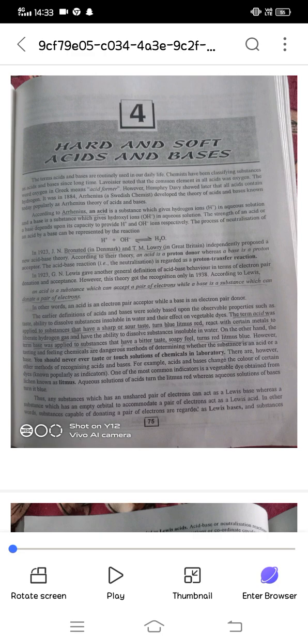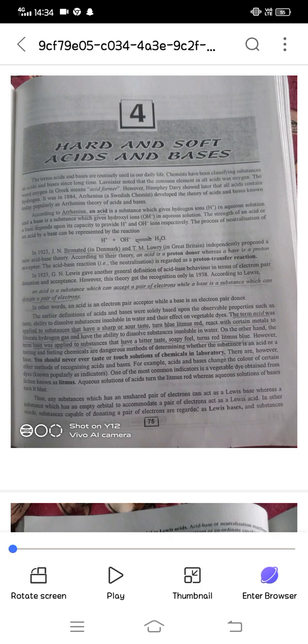The strength of an acid or a base depends upon its capacity to provide H+ and OH- ions respectively. The process of neutralization of an acid by a base can be represented by the reaction H+ plus OH- gives H2O.